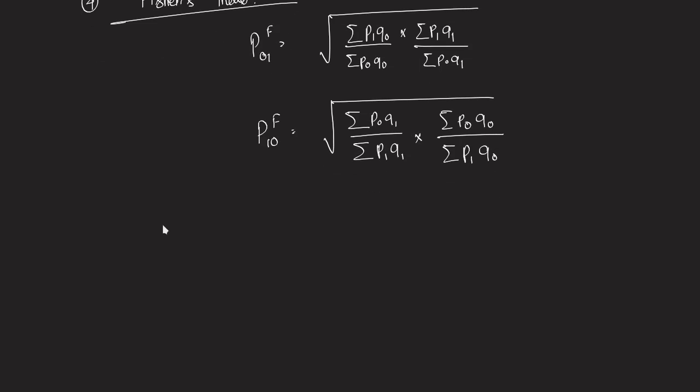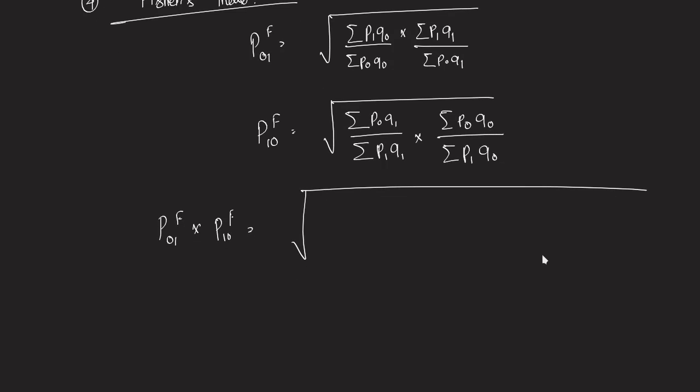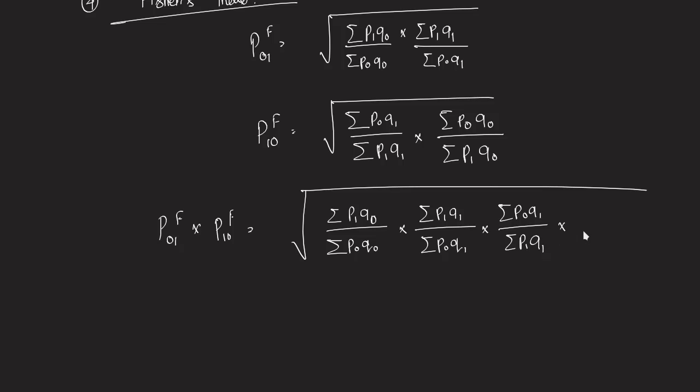Now if we multiply P01F into P10F, this will be root over, taking the common terms, summation P1 Q0 by summation P0 Q0 into summation P1 Q1 by summation P0 Q1, into summation P0 Q1 by summation P1 Q1 into summation P0 Q0 by summation P1 Q0.